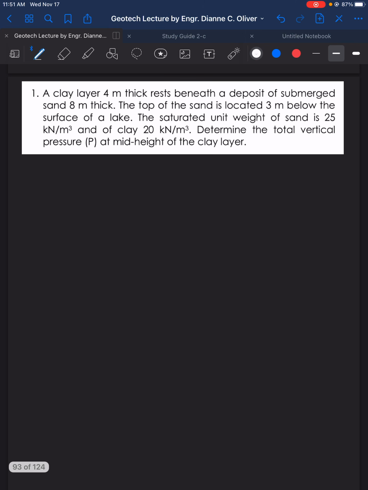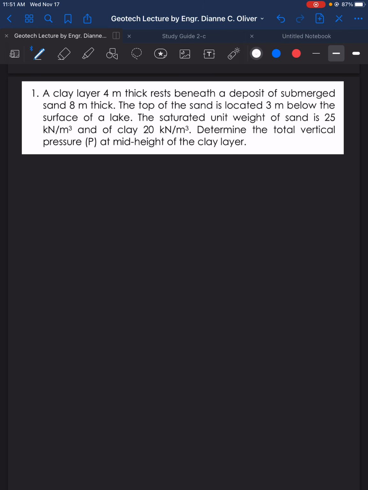Okay, let's have here example number 1. A clay layer 4 meters thick rests beneath a deposit of submerged sand 8 meters thick. So there's no given figure. We need to draw the figure.